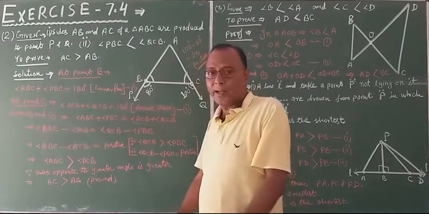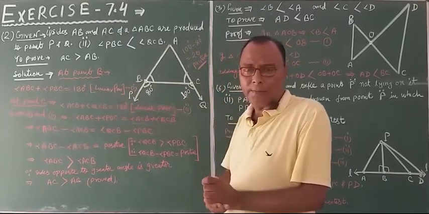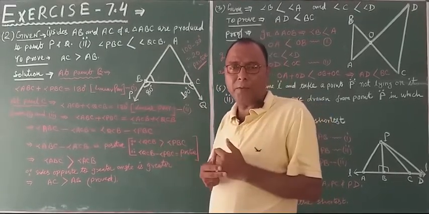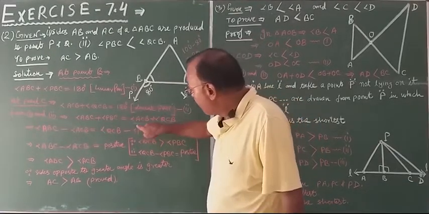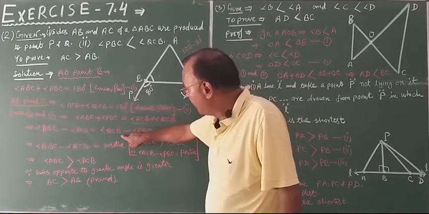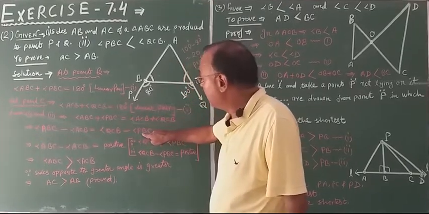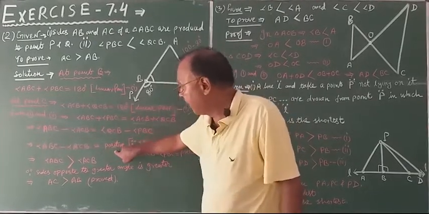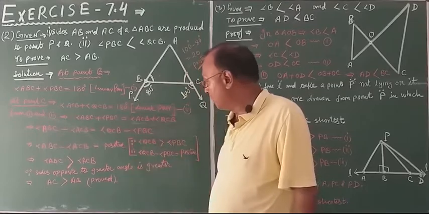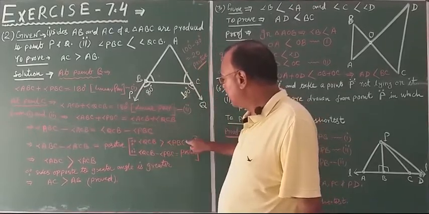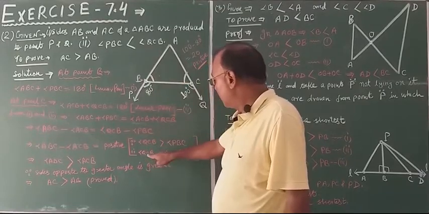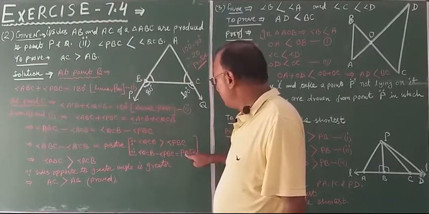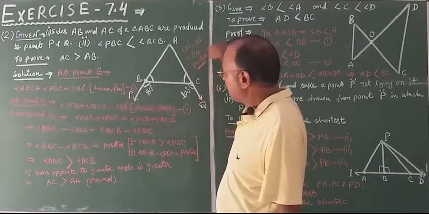If you subtract the smaller number from the greater number, we get a positive number. It means QCB minus PBC will be a positive number because QCB is greater than PBC. It is given there. Therefore, QCB minus PBC is positive. In this way, you can understand it.